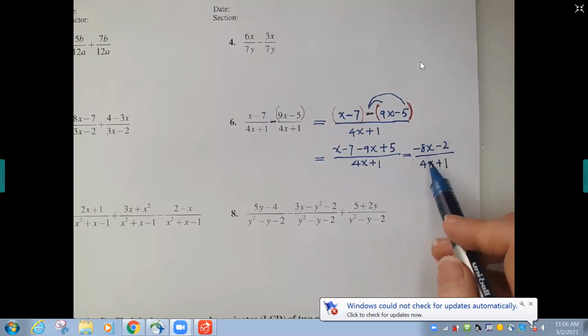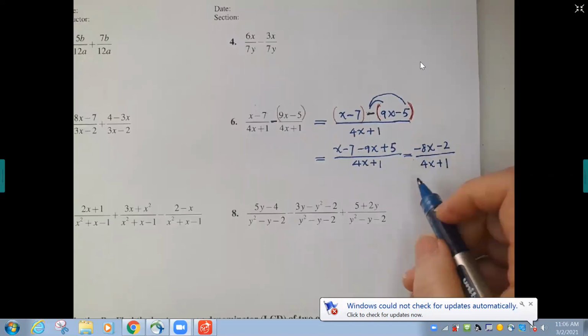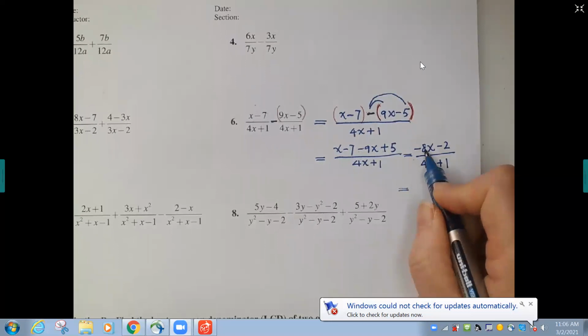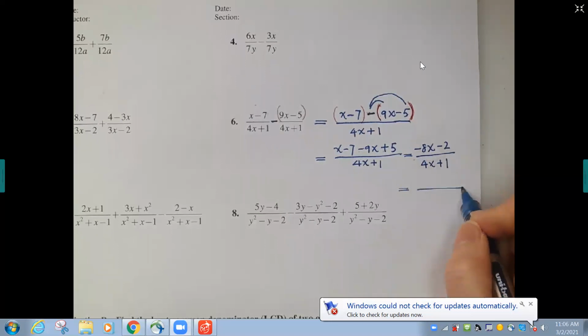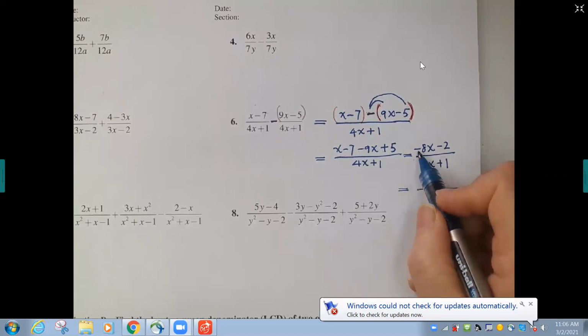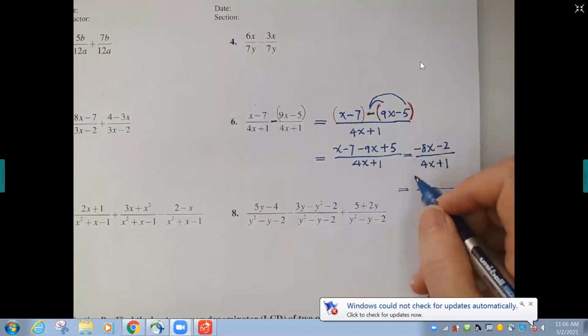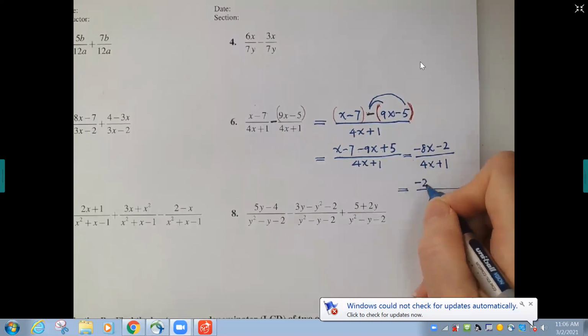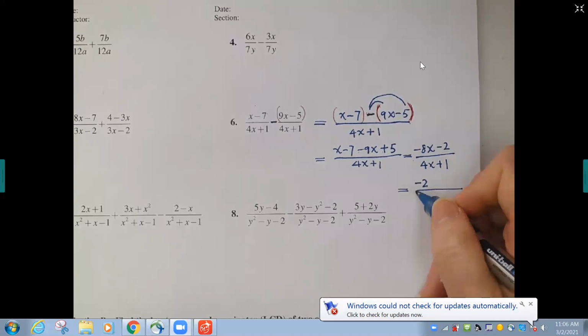How can we simplify a rational expression? We are going to look at the numerator and denominator respectively. See, can we factor the numerator? Negative 8, negative 2. I did see a common factor too, negative 2. So I will factor the GCF out. Negative 2, what is in the parentheses?